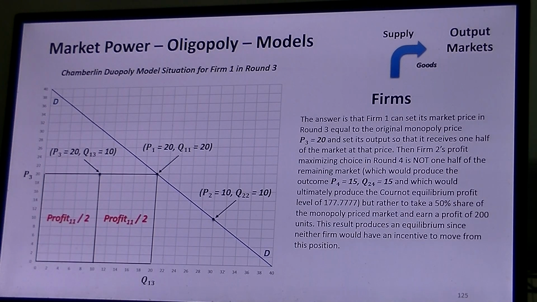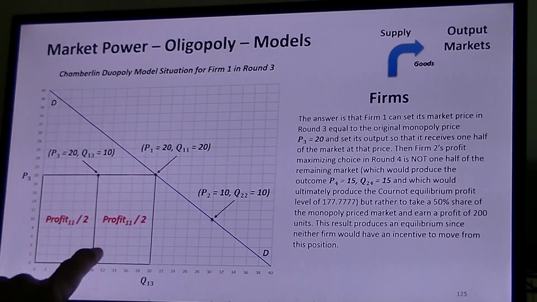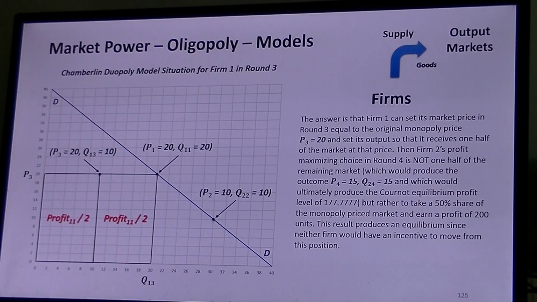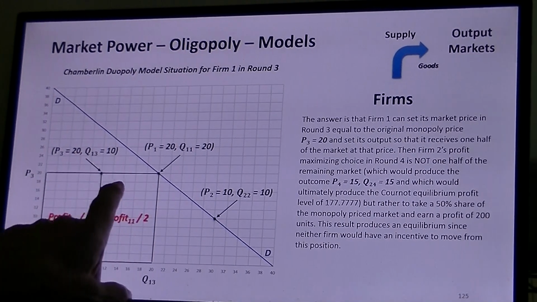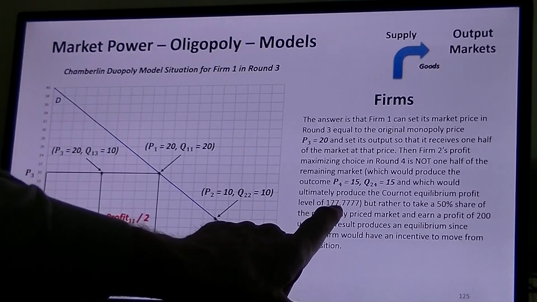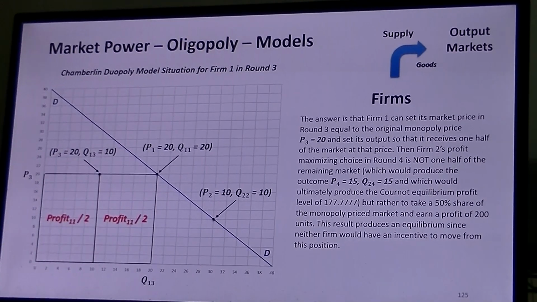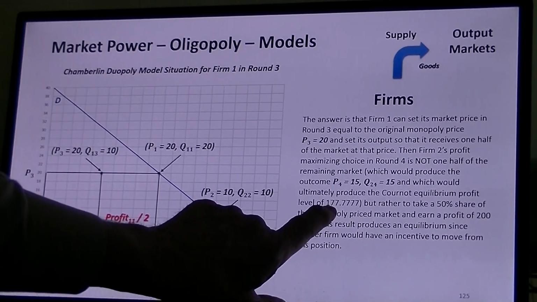Now, it's also very important to remember that firm 1 could take more than half the market. They could take a profit up to, say, this profit level of 177. They could take, say, 220.